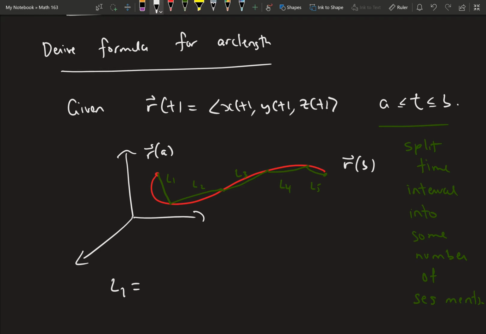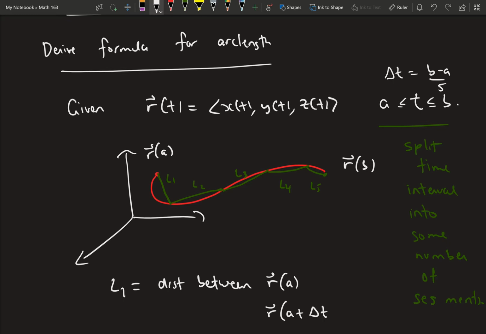So what would L sub 1 actually be? Well, this is the distance between r of a and r of a plus some delta t, where in this case, delta t is b minus a divided by 5.